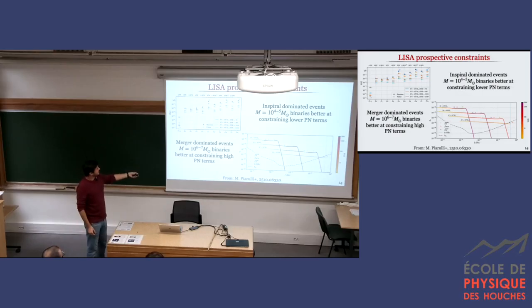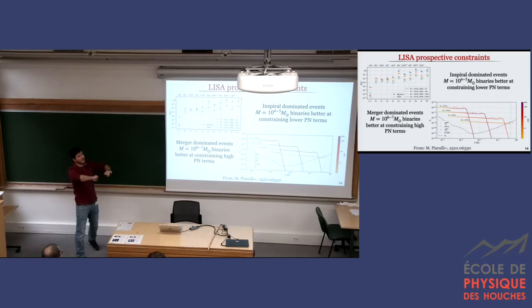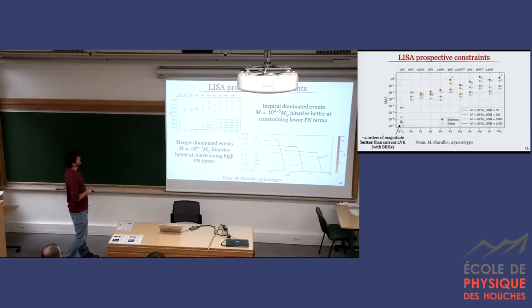And that's why the 10 to the 6 solar mass event is actually the best one to constrain these 1PN order corrections. So essentially, what this is telling you is that if I want to constrain all these PN order parameters very well, it's good to have a very large range of black hole masses, such that I can constrain different parameters very well.